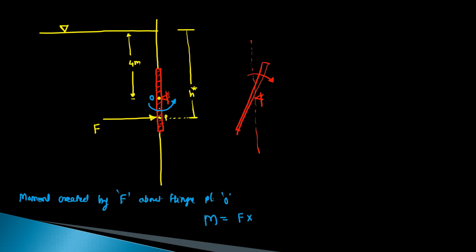That means we have to measure distance OP, which is the moment arm. This distance is h star minus 4 meter. F we have just calculated as 2,77,368 Newton, into h star value 4.14 minus 4.